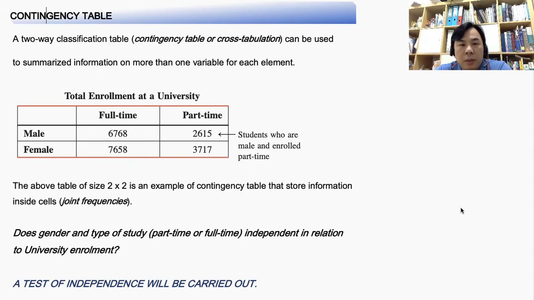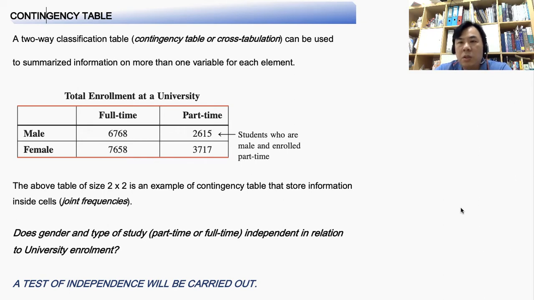So sometimes for a certain education institute, you might be interested to find out now, is the gender of the enrollment dependent or independent of their study mode, their type of study, right? Whether they are enrolled as full-time students or whether they enroll as part-time students.